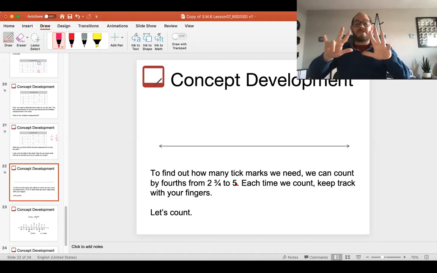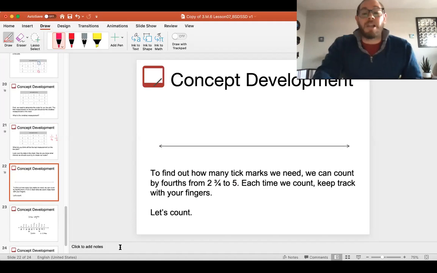So all together we need 1, 2, 3, 4, 5, 6, 7, 8, 9 pieces on our number line. But I didn't include 2 3/4, so we're gonna start off with that because we always have our starting number. So we need 10 lines on our number line.